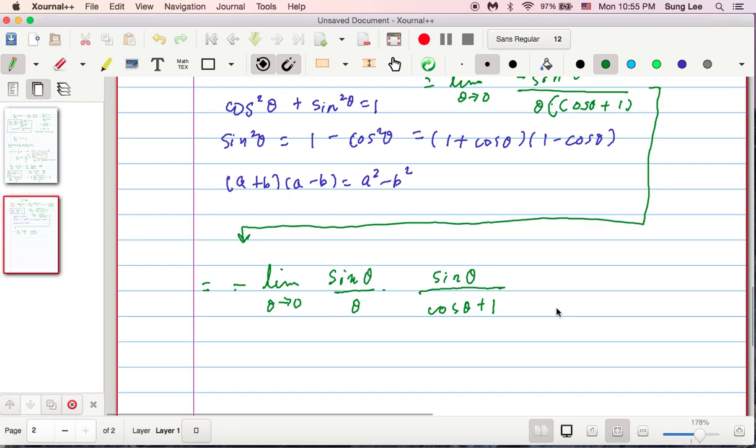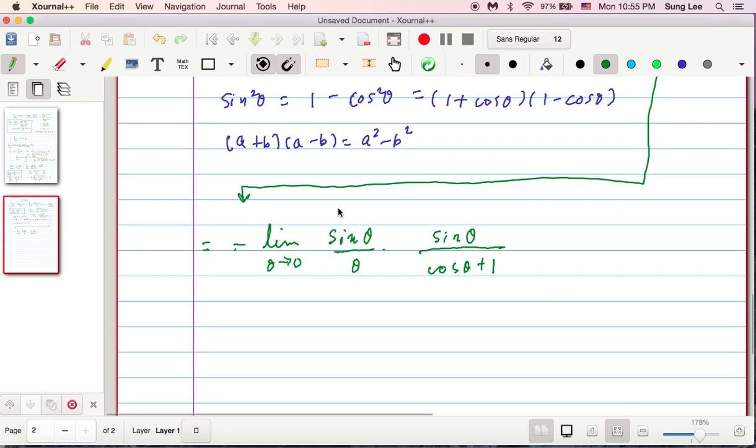Let us take a look at the limit of the first part and the second part as theta goes to 0 separately. The limit of sine theta over theta, as we know, is 1 by Theorem 1.